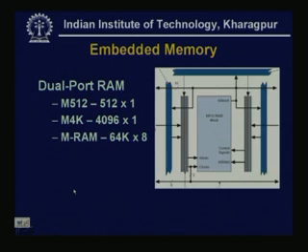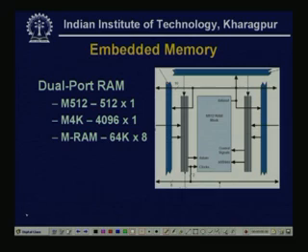Now, we see some examples. As I mentioned already, not only the combinational and sequential logic is implemented using programmable logic blocks, but there are also some special types of FPGA building blocks. One very important thing is the embedded memory, and here we see this type of structure.